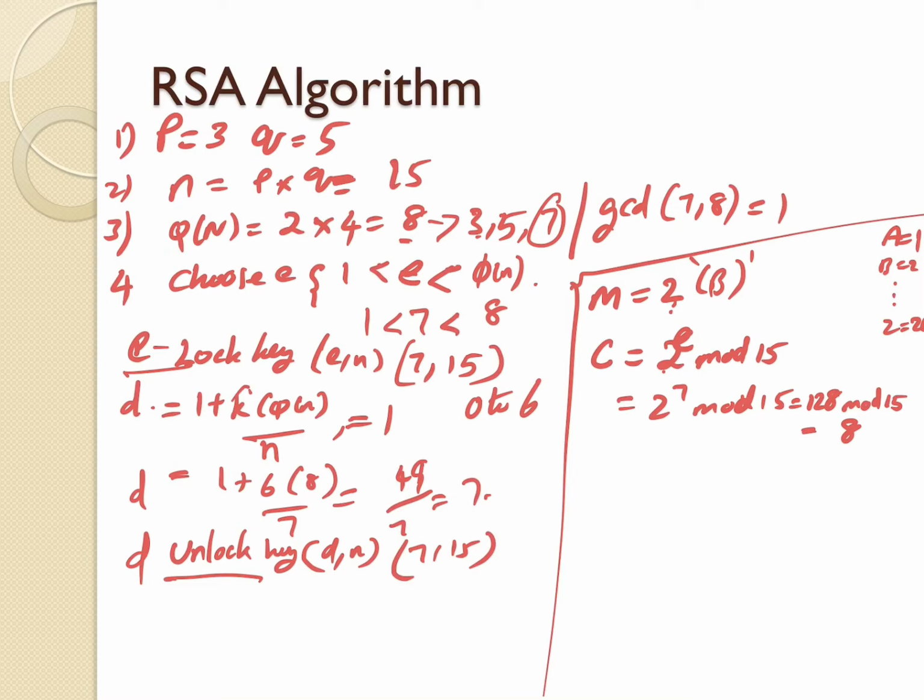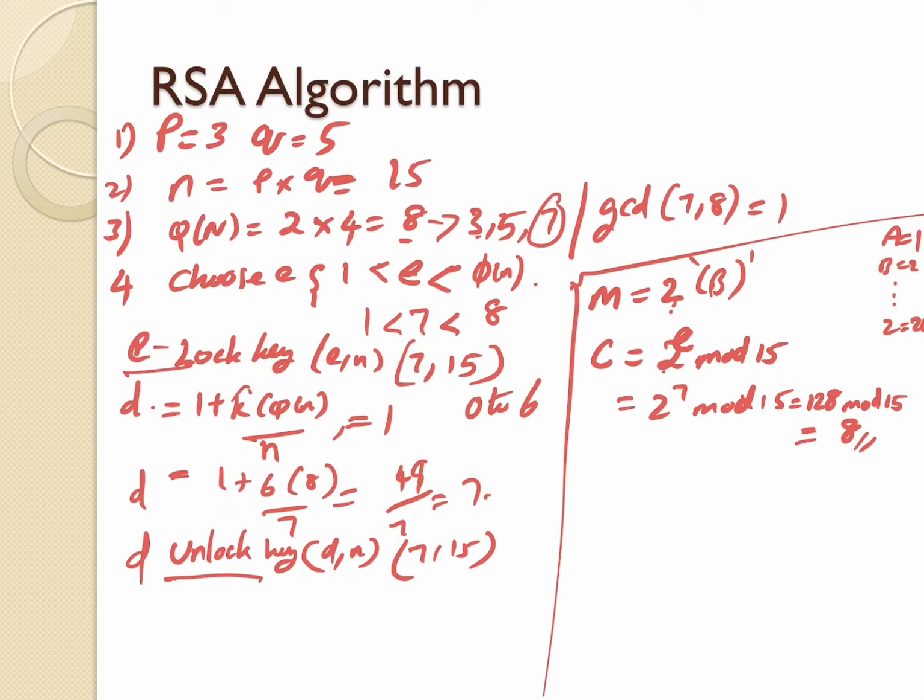So 128 divided by 15 gives the remainder value 8.